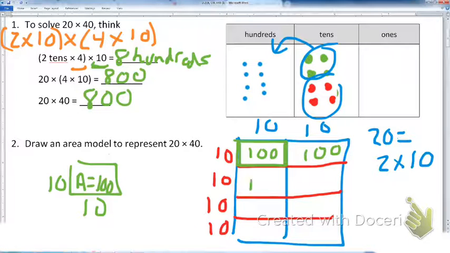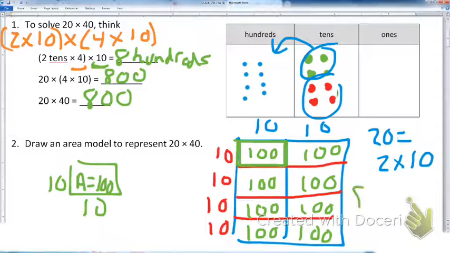If you count up, we have 8 boxes. So we have 8 hundreds. So our answer is 800.